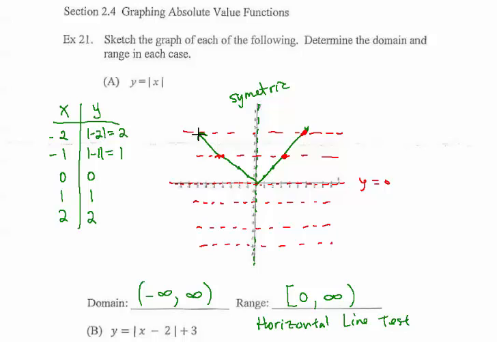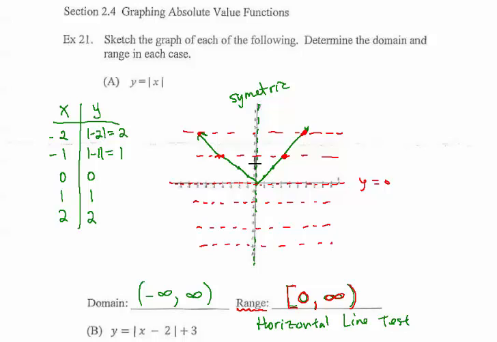It doesn't matter how many times they hit them as long as they hit them once. So the ones up on the top, they actually hit our graph, but the ones on the bottom never hit it. So in other words, the negative values of y are not included in the range. No matter what number you put in for x, you cannot get a negative value back for your y, your output. So our range starts at 0, the outputs start at 0, and they go to positive infinity.